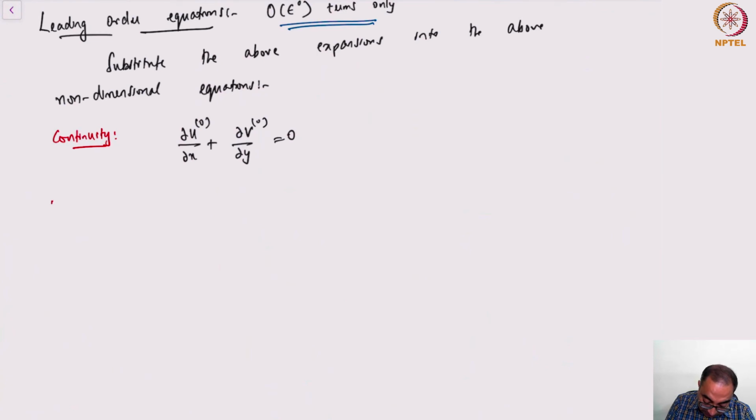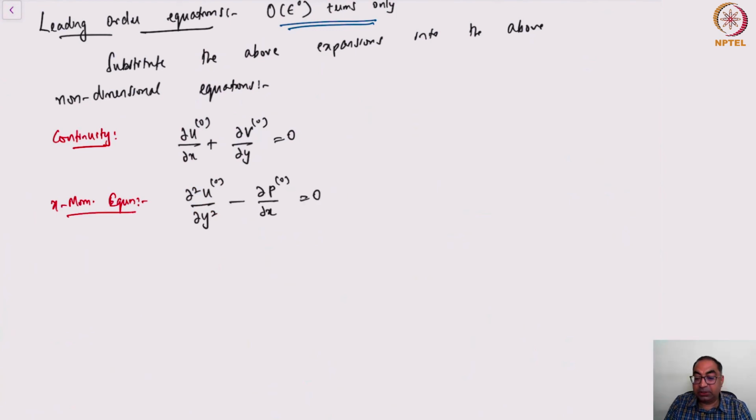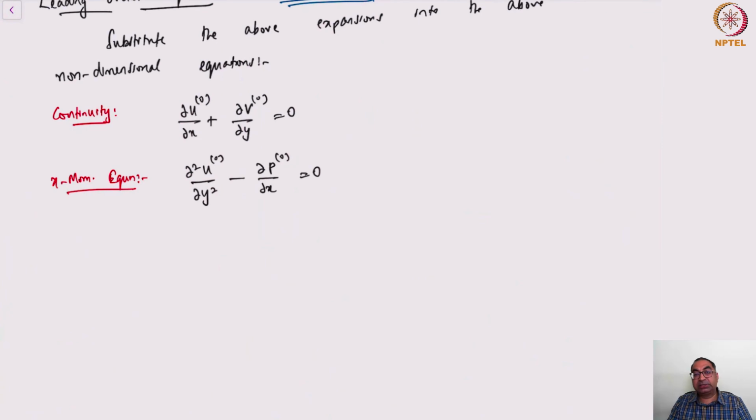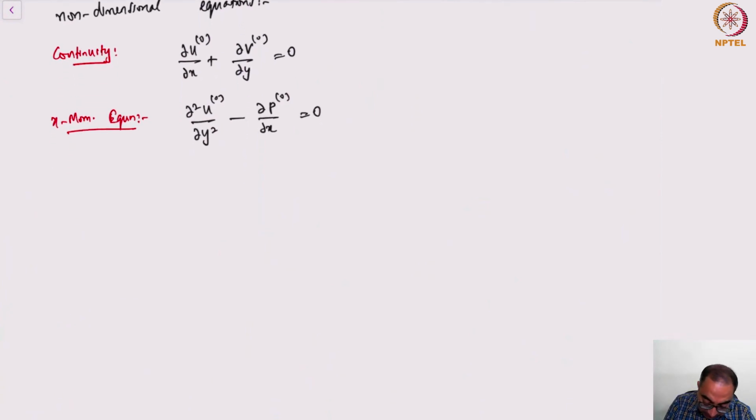Let's write down the x momentum equation. The x momentum equation becomes del square u0 by del y square minus del p0 by del x equals 0. The superscript 0 indicates that we're only writing down the equations for the leading order. Then we have the y momentum equation.